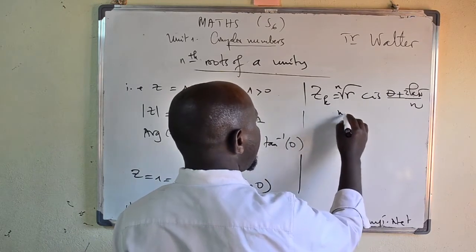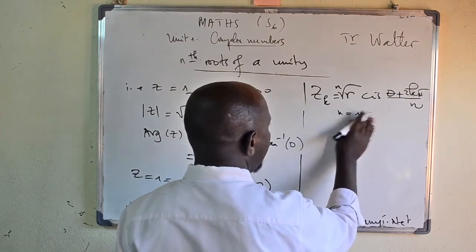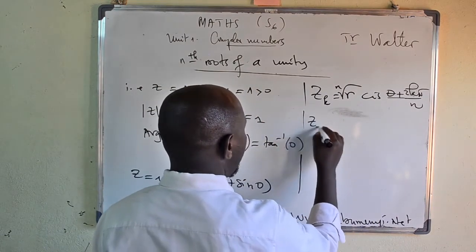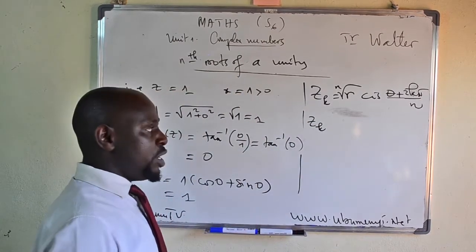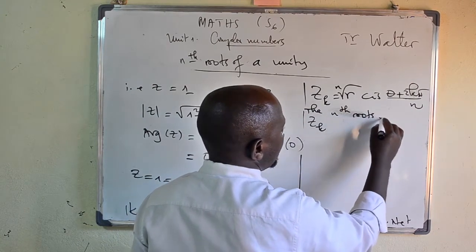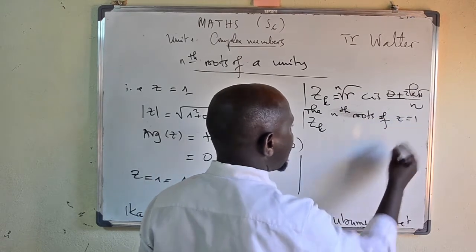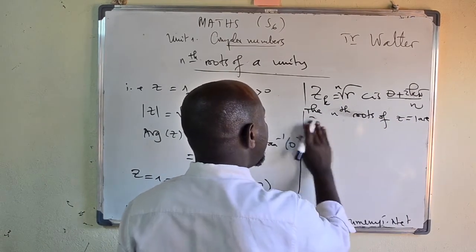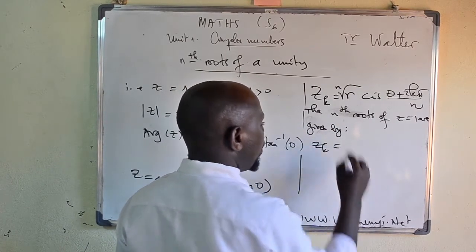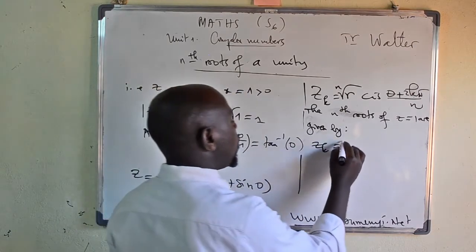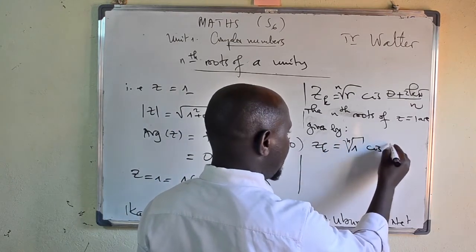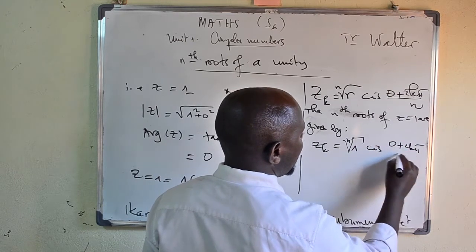Now, n will be given, of course, but here we have seen that r equals 1. So the nth roots of the complex number unity, z equals 1, are given by zk, which is equal to the nth root of 1, then cis of theta, which is 0, plus 2k pi over n.